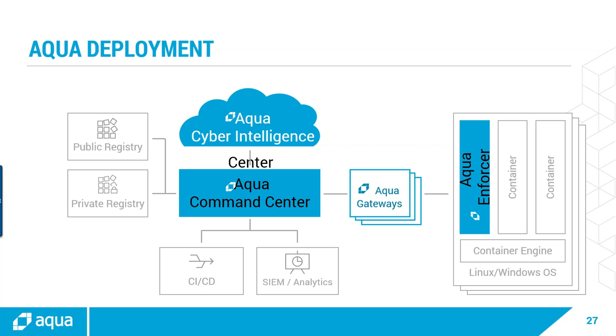It also monitors the activity of the containers and sends it back to the command center for reports, analytics, and alerts. It's also a resilient system, so if the connection between the gateways and the enforcer is severed, the enforcer will continue to work independently and then send the information back once the connection has been reestablished.